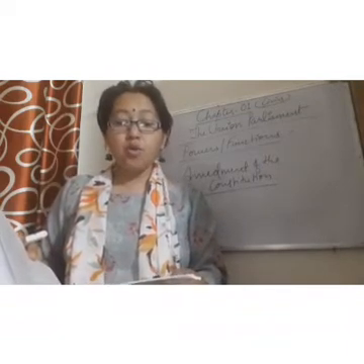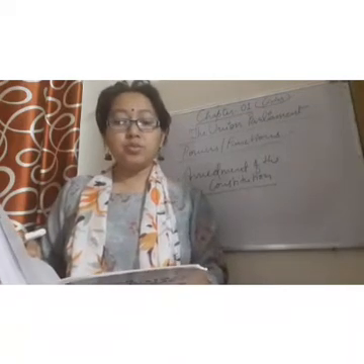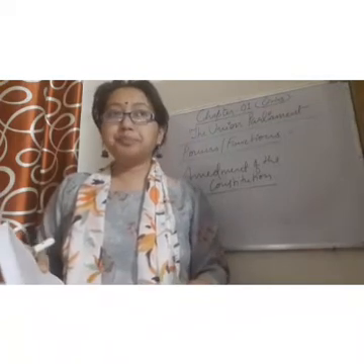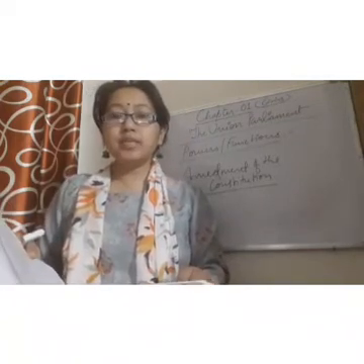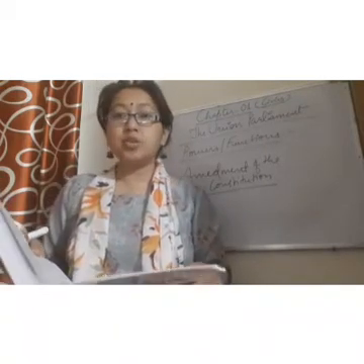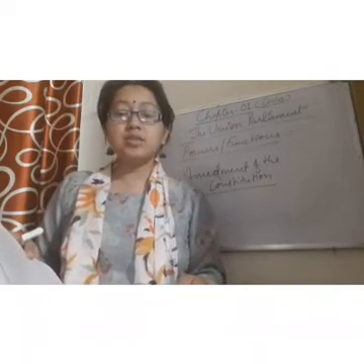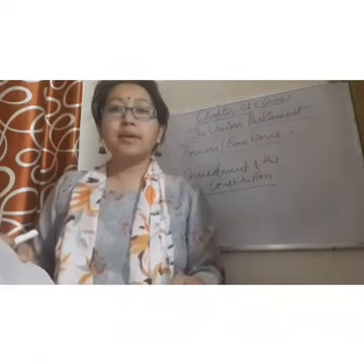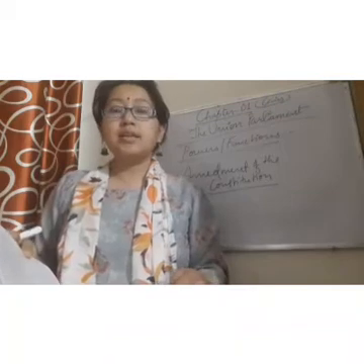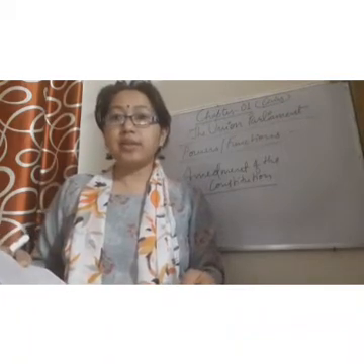So if there is a case of distribution of legislative powers between the state and the Union on the three lists, we know the state list, concurrent list, and union list, on that matter the Parliament's decision is final, right?